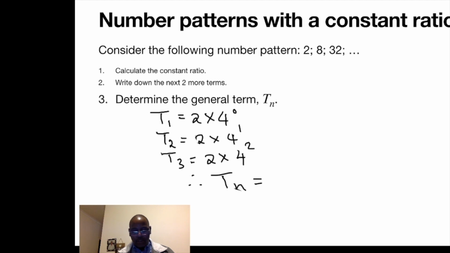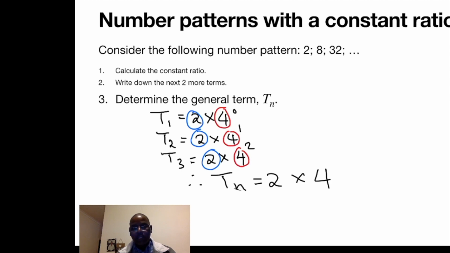In general, Tn should be equal to 2, because all these are starting with a 2. Therefore, Tn must also start with a 2 multiplied by base 4. You see, all these are using base 4, and so Tn must also use base 4, and that will be to the exponent of n minus 1. I'm getting n minus 1 from here.